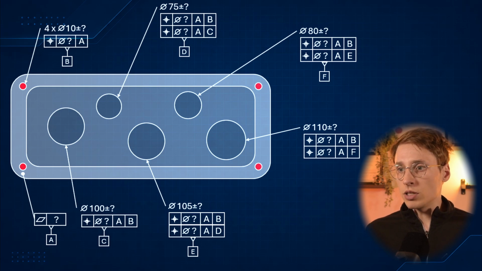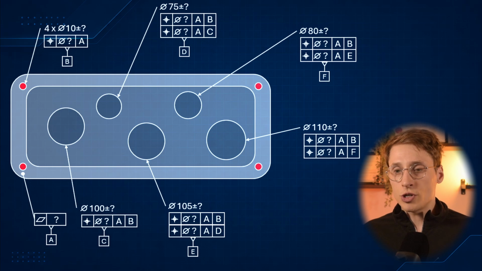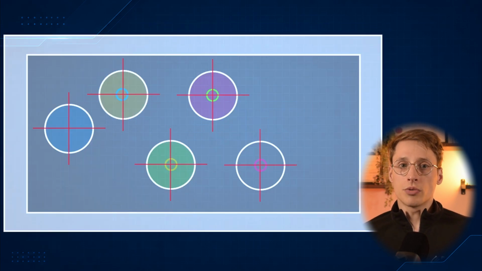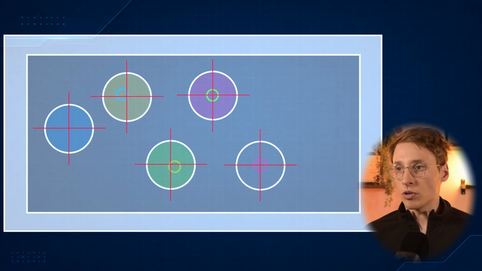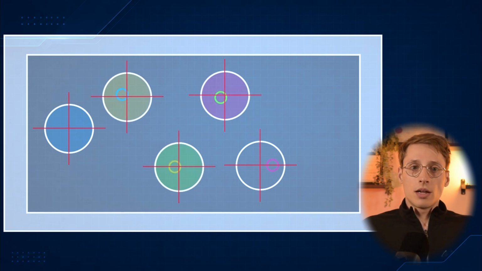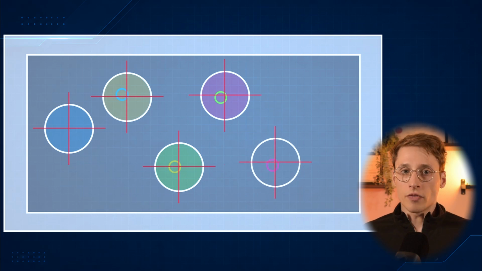But you don't care about the location so much of datum feature C relative to datum feature E. So why would you lock those in together with a composite positional tolerance zone when you can have them only look at the shafts that they are going to be directly interfacing with?